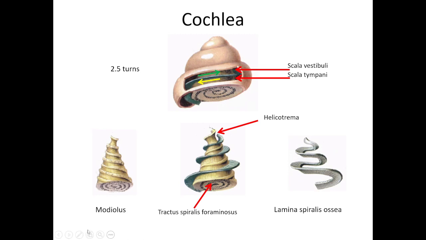So, tractus spiralis foraminosus means the place for small fibers of nervus cochlearis. Cochlearis is part of nervus vestibulocochlearis. This part connects with the cochlea, and vestibulo from vestibulum.